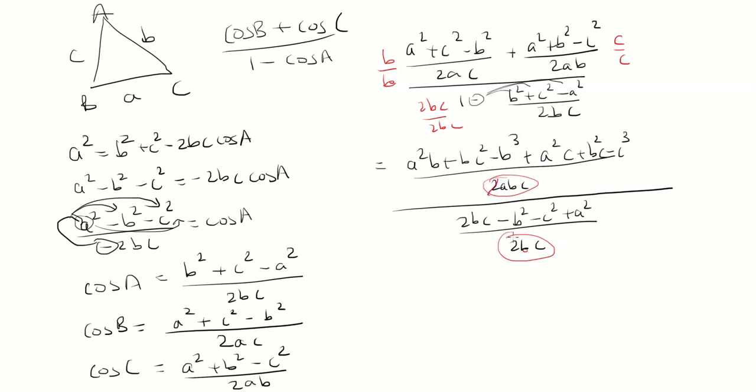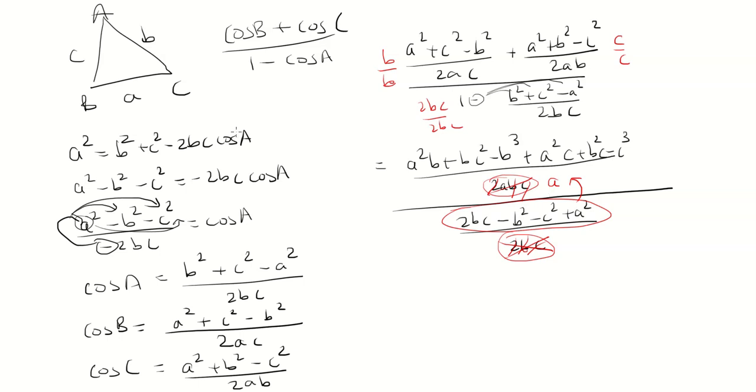They both have a 2, they both have a b, and they both have a c. So this thing is completely gone, and we're only left with a down here. And now this numerator will multiply the denominator above.